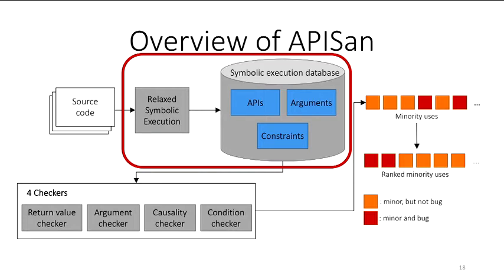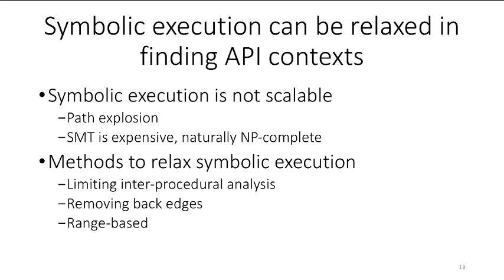First, I want to explain the relaxed symbolic execution and symbolic execution database. As you know, symbolic execution is not scalable because of the path explosion problem, and SMT is expensive because it is naturally an NP-complete problem. But to find the API context, we can relax symbolic execution by limiting inter-procedural analysis and removing back edges and using range-based constraints.